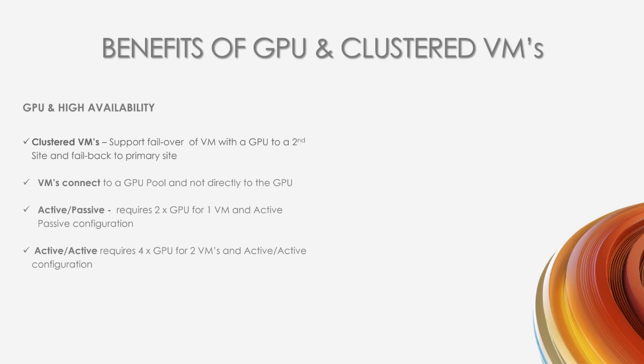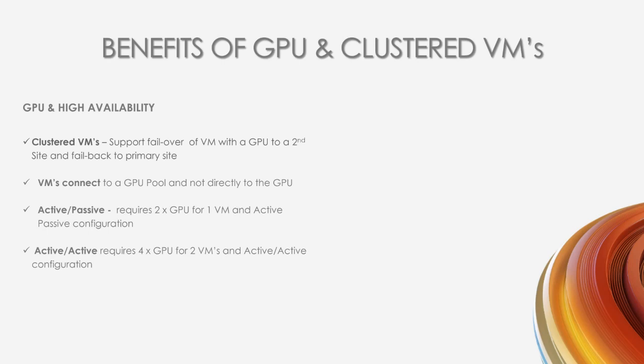So if you now want to move to an active solution, you would follow the same theme, but increase your GPUs to 4. So that could be in a 4-node stretch cluster, that's 1 GPU per node across the 2 sites.